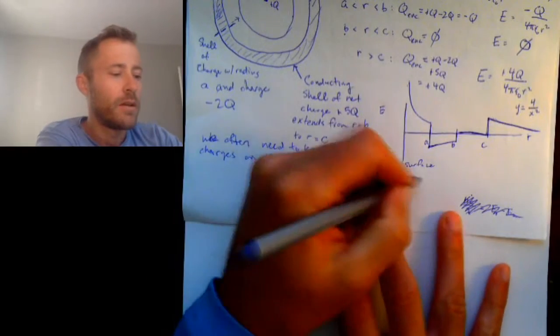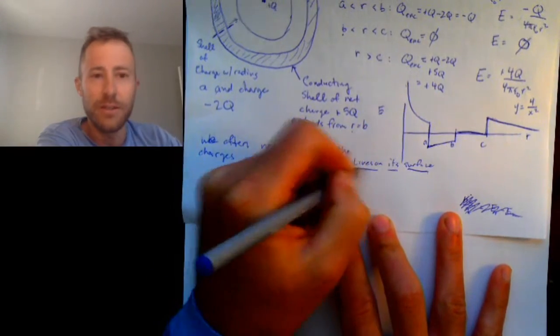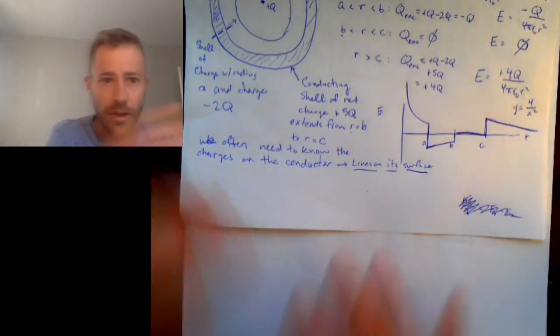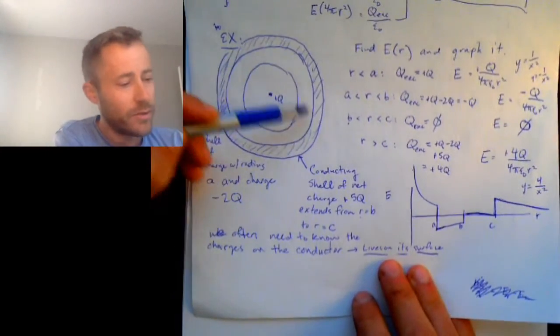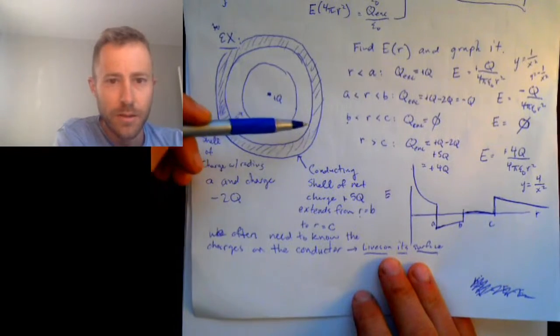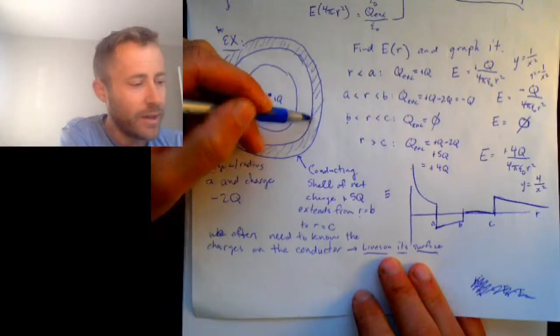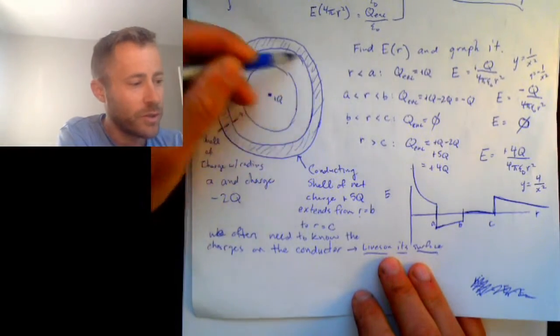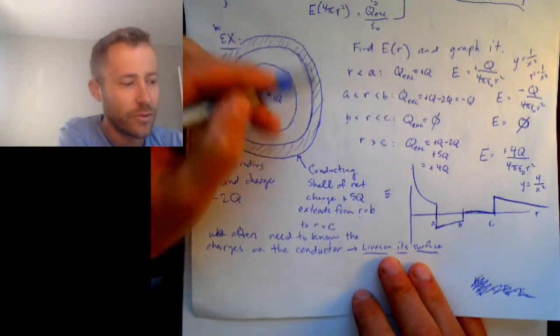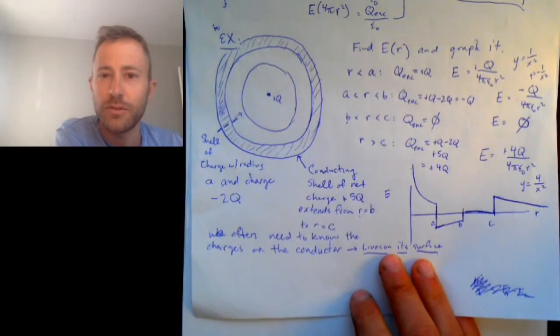There's no charge on the interior of a conductor. It's all on the surface. So this is a conducting shell. So it has an inner surface and an outer surface. So there's some charge on the inside surface and there's some charge on the outside surface.